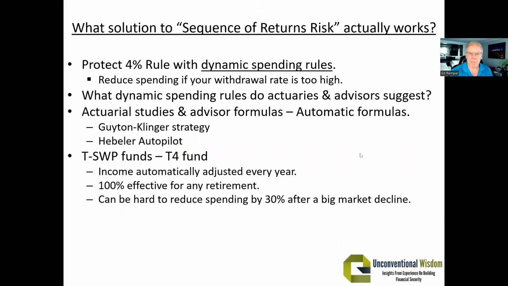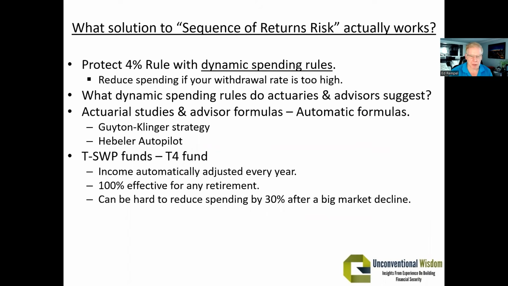All right, so what solution to the sequence of returns risk actually works? Adding bonds makes it worse, not better. What actually works is dynamic spending rules, which, bottom line, means you reduce your spending if your withdrawal rate is too high.